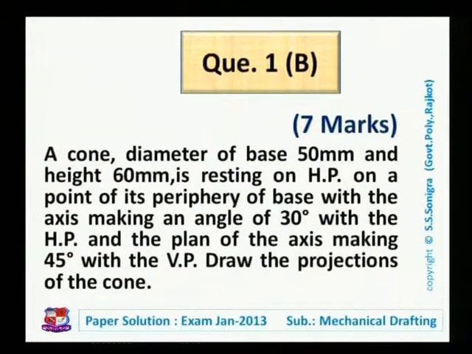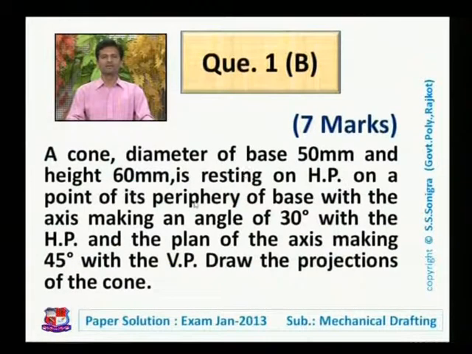Question number 1b, asked for 7 marks. In 1b, a cone is given. A cone, diameter of base 50 mm and height 60 mm, is resting on HP on a point of its periphery of the base with the axis making an angle of 30 degrees with the horizontal plane.